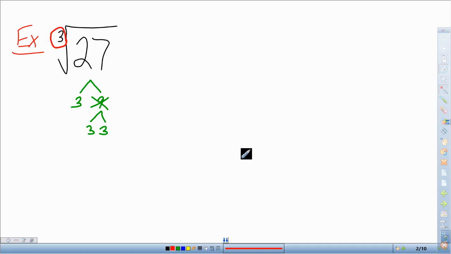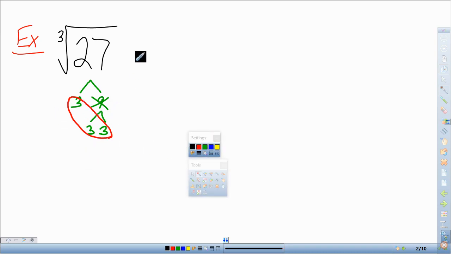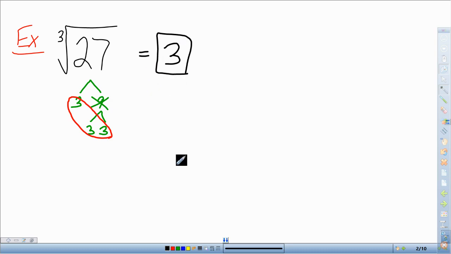Since it's a cube root, we're looking for 3 of the same number, and yes, we have 3 3s here, so those can be grouped together. It just so happens there's nothing else that doesn't group up, and so this turns into just a nice clean 3. So the cube root of 27 is 3. We would consider that a perfect cube, by the way.